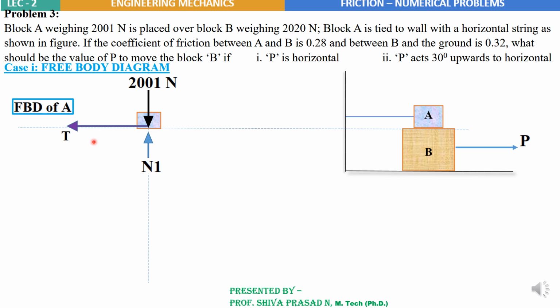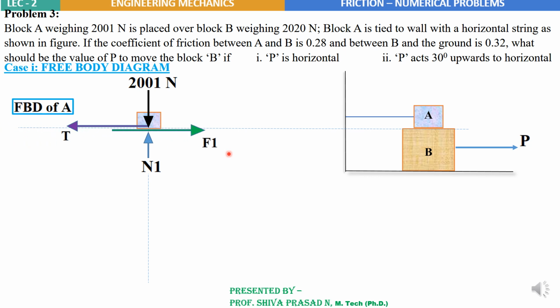Next, just because this block is tied with a string in the left side direction, we can consider the friction to be in the right side direction. That means if the tension tries to pull this block towards the left, my friction force will have a direction opposite to the motion of the block, that is towards the right.